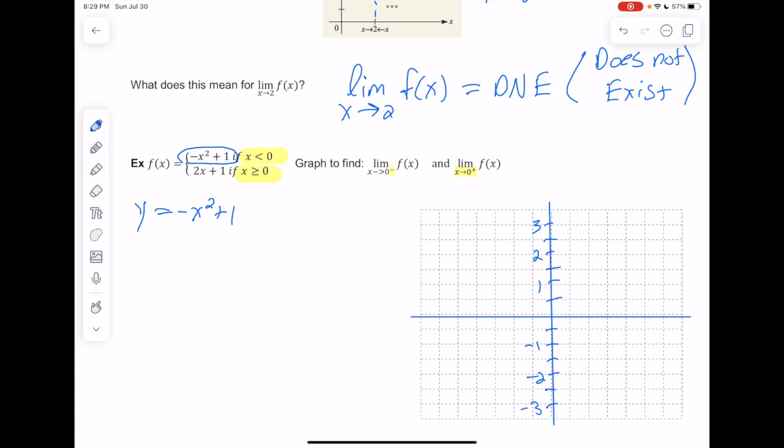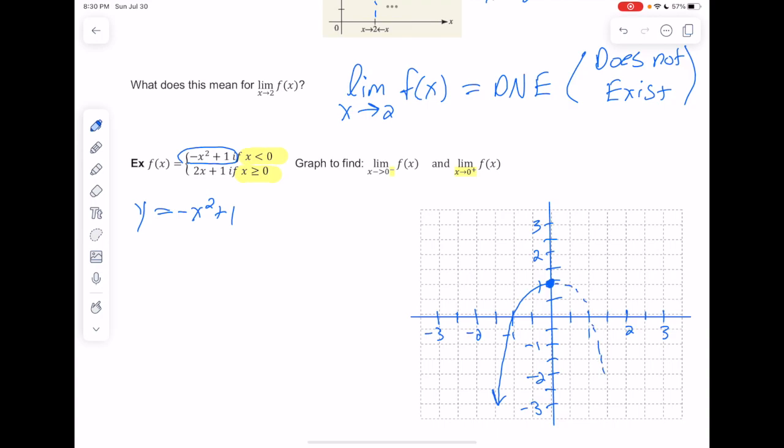And we'll go ahead and do the same thing over here. So half, 1, 1.5, 2, 2.5, 3. Same thing in the negative direction. All right, so if we were to draw this parabola, up 1 unit for the vertex, and then opening down, then it would look something like this on the left-hand side, and we'd have the mirror image on the right-hand side.